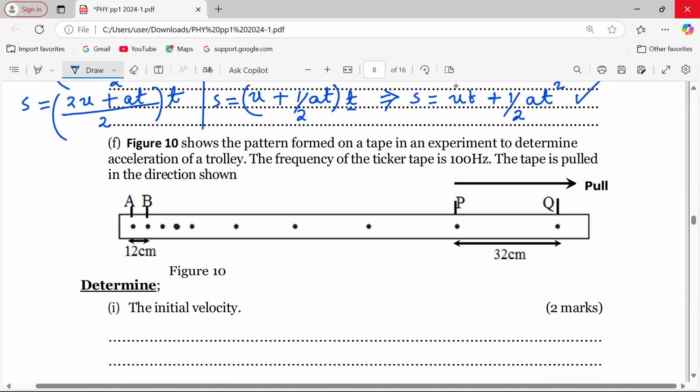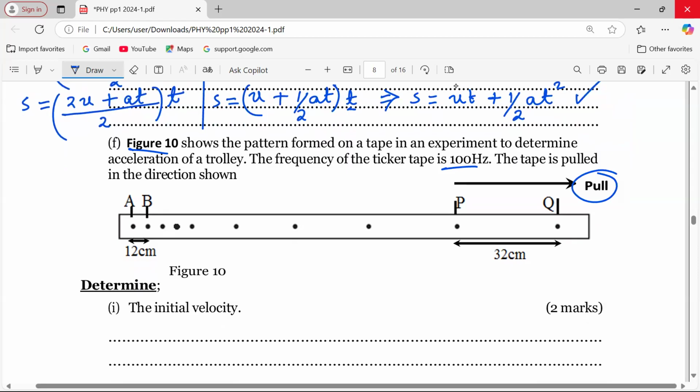Part F, figure 10 shows the pattern formed on a tape in an experiment to determine acceleration of a trolley. The frequency of the ticker tape is 100 Hz. The tape is pulled in the direction shown.